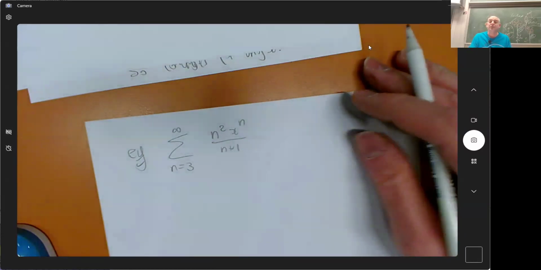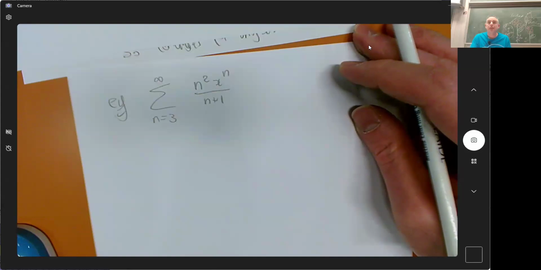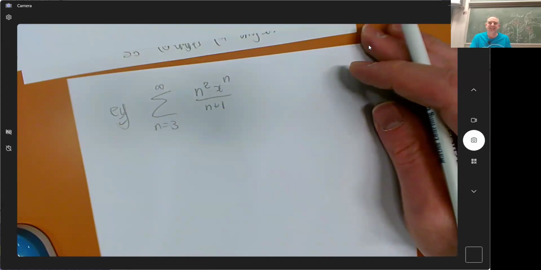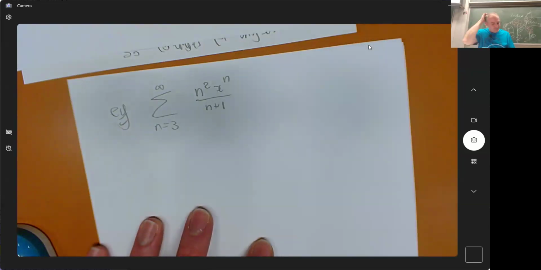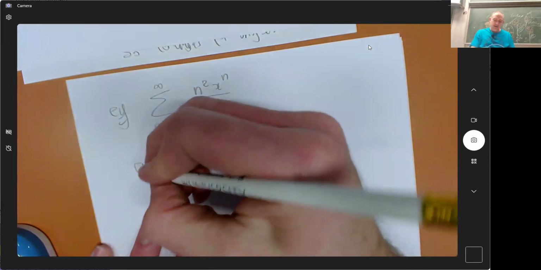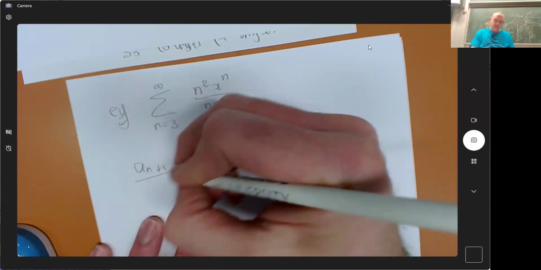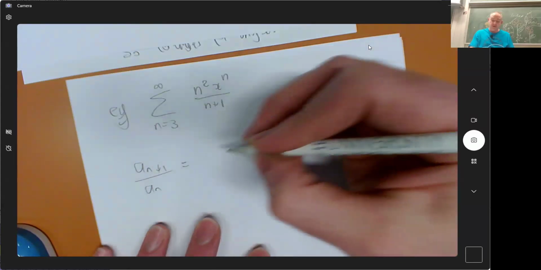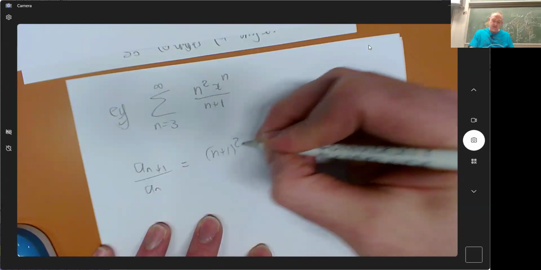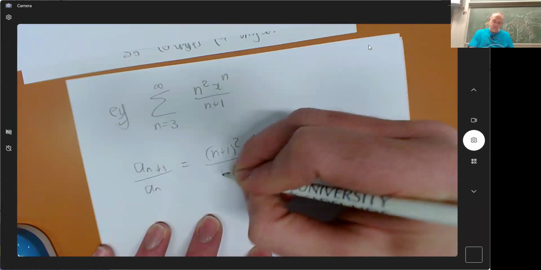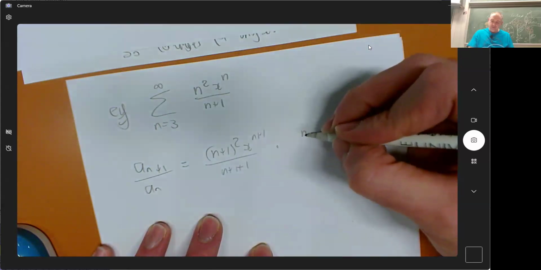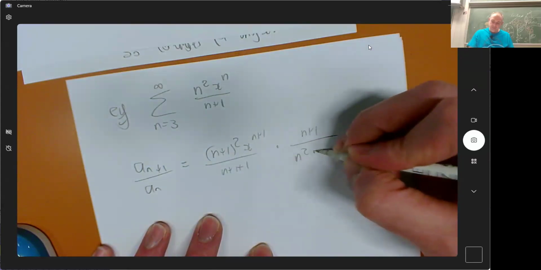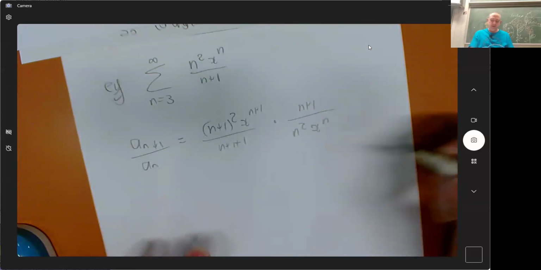And there's no factorials this time. Okay. So my a_{n+1} over a_n, I'm going to try and do it in one go. (n+1) squared x to the n+1 over n+1+1, times... Okay.